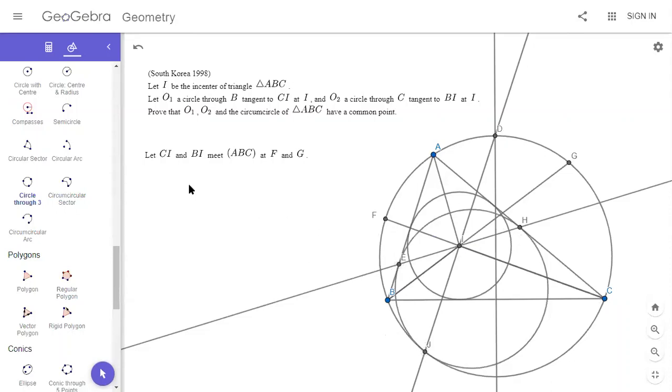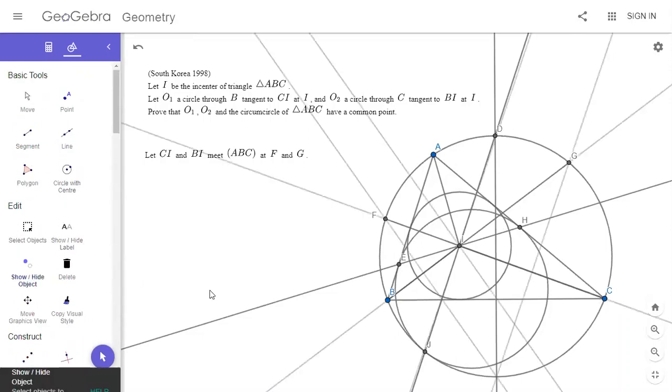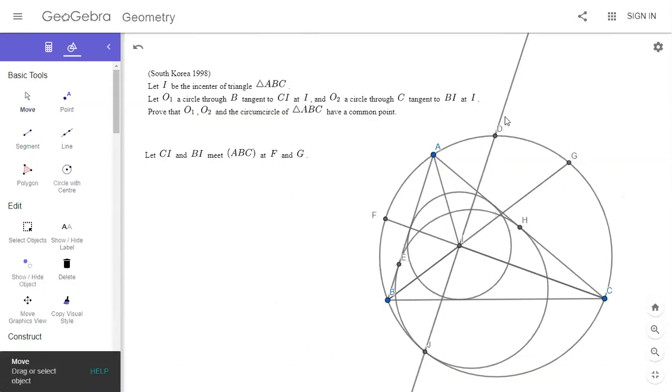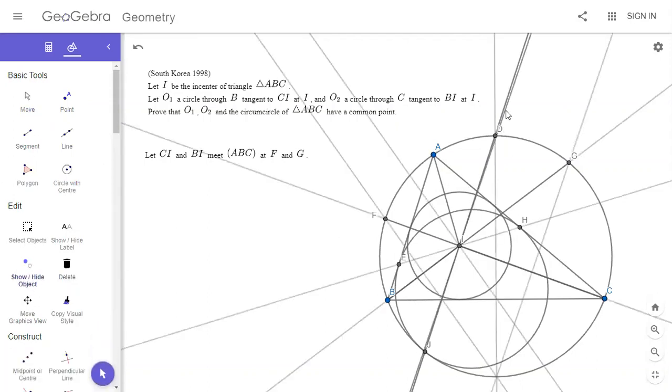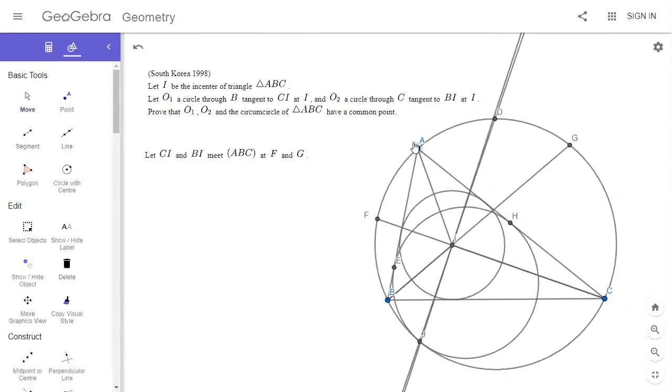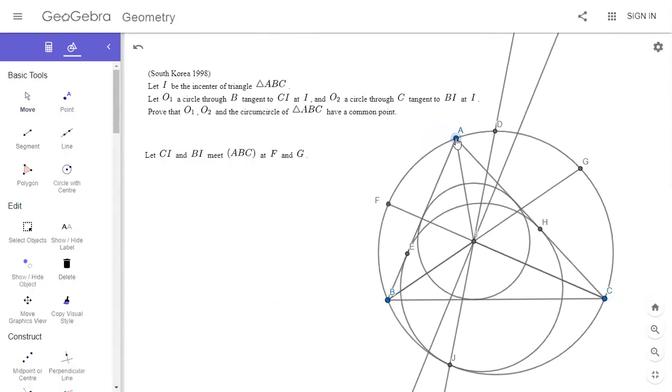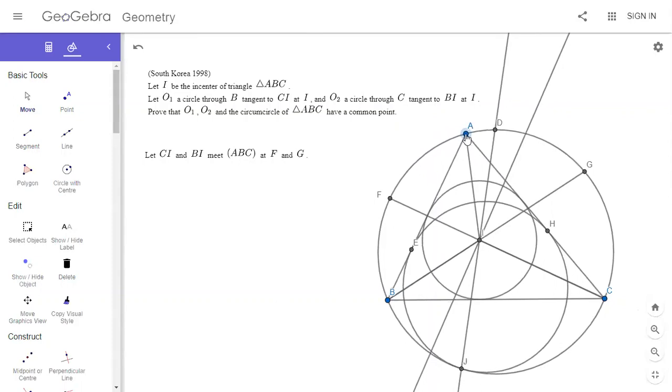Okay, it looks like there's two lines here. I don't know why, what's this other line? I do not know what this line is.